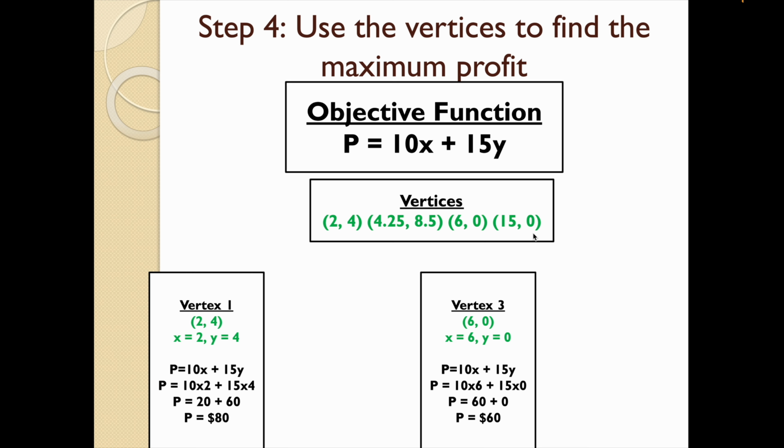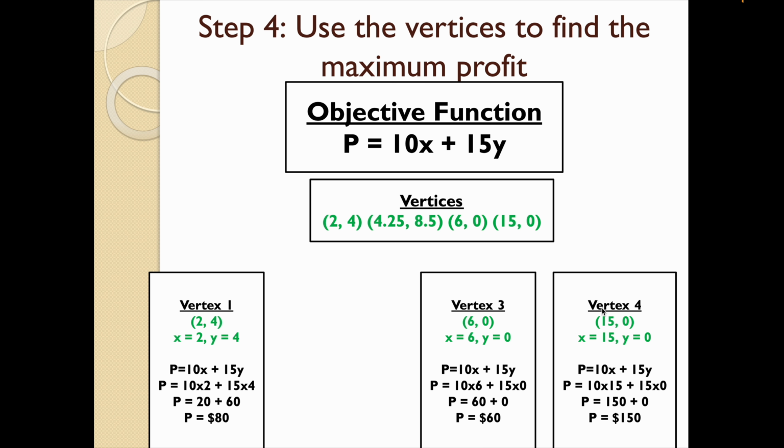So 10 times 6 is 60 plus 15 times 0, which is 0. Together that's $60. If I do it for this one here with 15, 0, x is 15, y is 0. Put that into the formula. 10 times 15 plus 15 times 0 would give me 150 plus 0, which is $150.